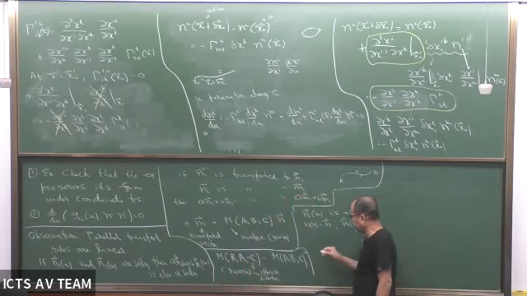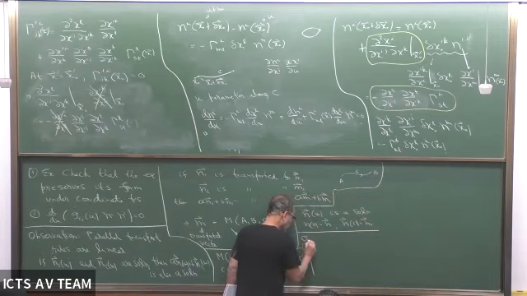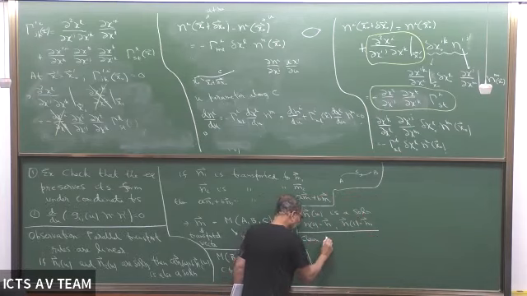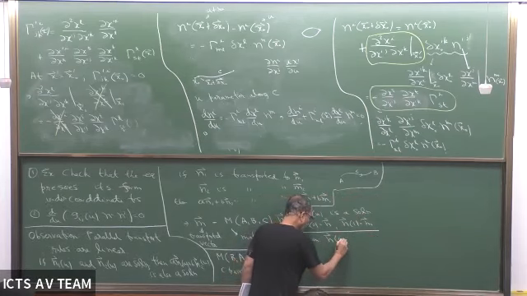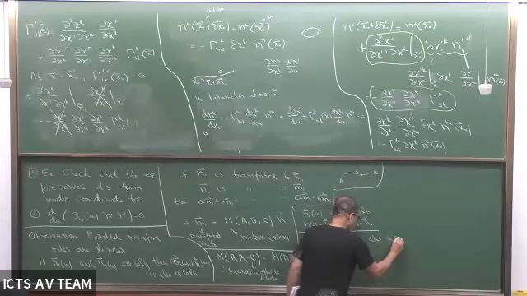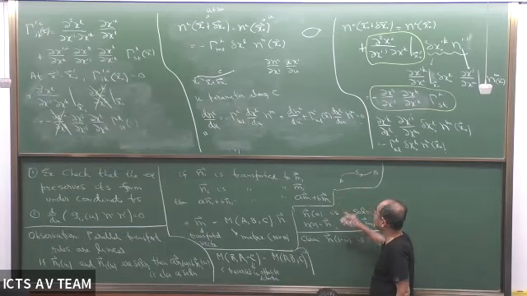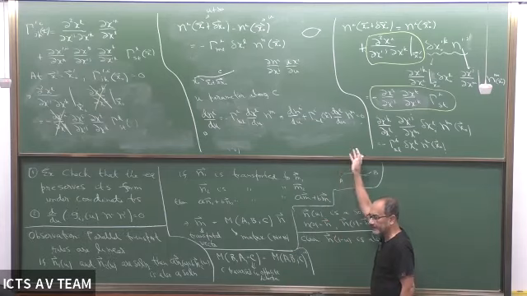Then the claim is that n of 1 minus u is also a solution. This you can see by substituting. Just take the function, replace u by 1 minus u, and you can change variable from 1 minus u to v. And because of the reversibility, in terms of v, it's the same equation. So n of 1 minus u is a solution.